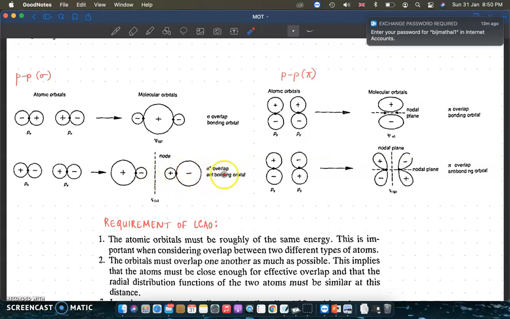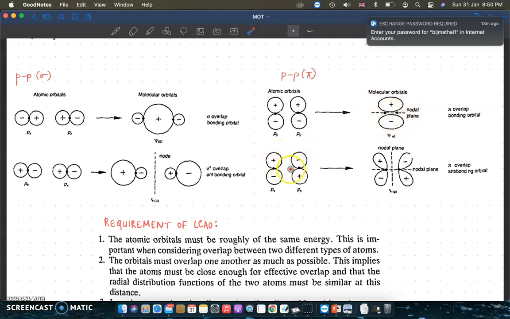Now, the p orbital, rather than having a head-on overlap, can also have a sideways or lateral overlap. This we saw when we tried to understand the ethene and ethyne molecules in valence bond theory. When the sideways overlaps are in phase, it leads to a pi molecular orbital of bonding nature. When they are positive, it leads to a uniform positive on the upper side as well as on the bottom side of the internuclear axis.